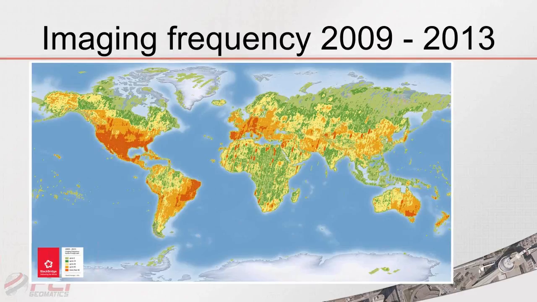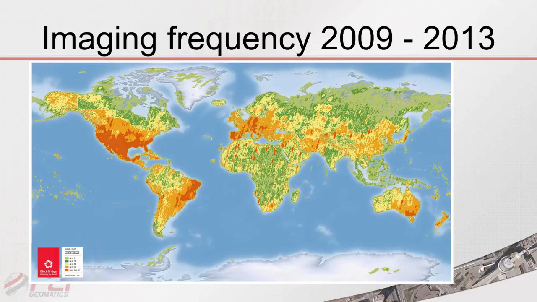Here is a map of the imagery that we've collected since the beginning of commercial operations in 2009. You can see the areas that are very heavily orange. It's a little bit difficult to see the legend in the lower left-hand corner, but you can see the agricultural areas in the United States have been imaged up to 50 times between 2009 and 2013.